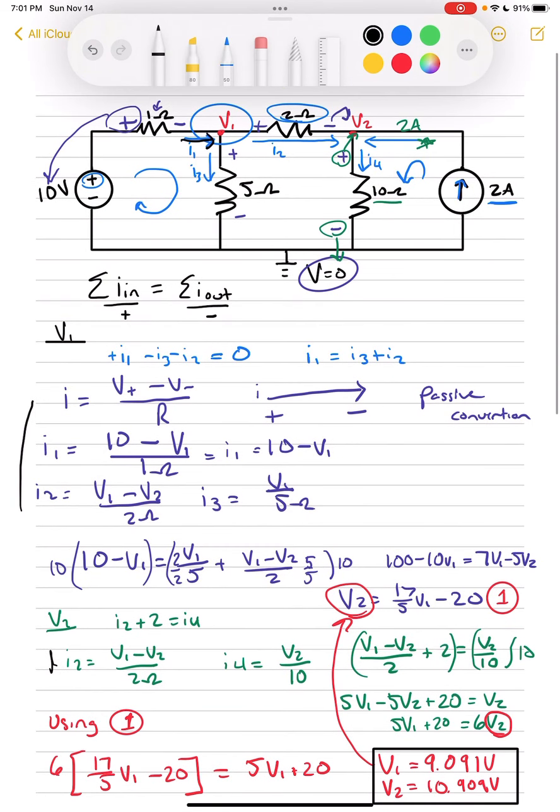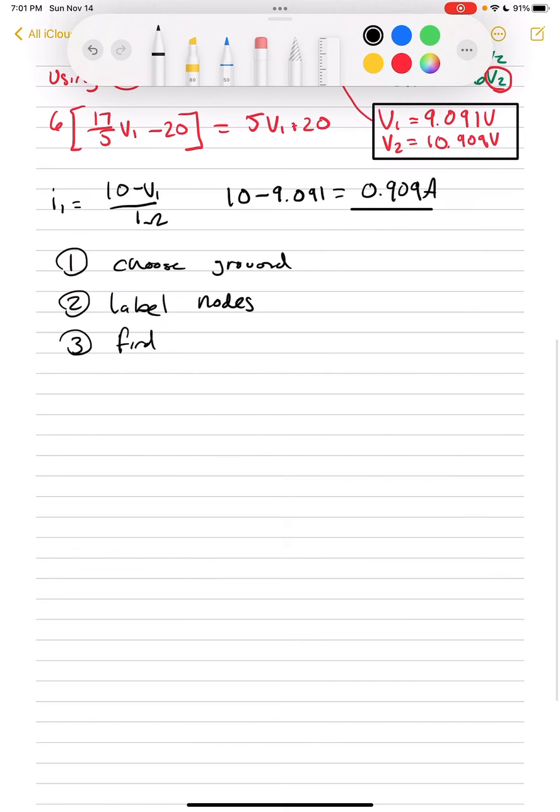And then after that, you're going to find and label your currents that are going through, like I1 and I2. You're going to first find those and assume their directions. If you don't know the direction, you're going to make a guess, but if you do know, you're just going to put that direction. So you're going to find and label the directions of each current, right?